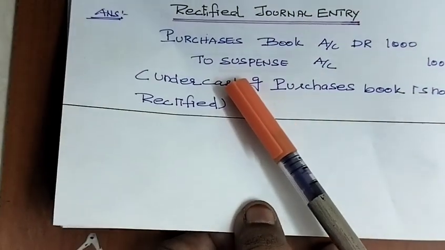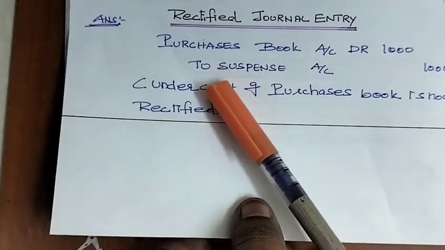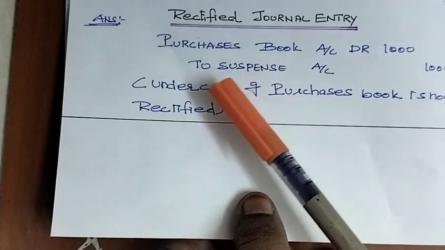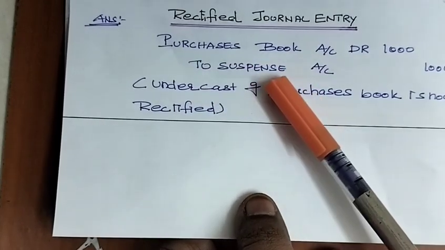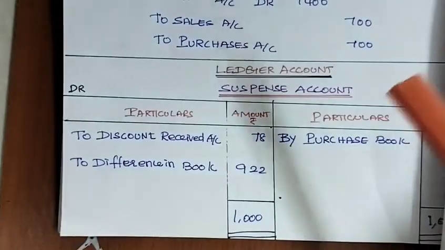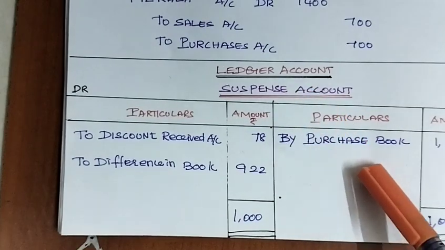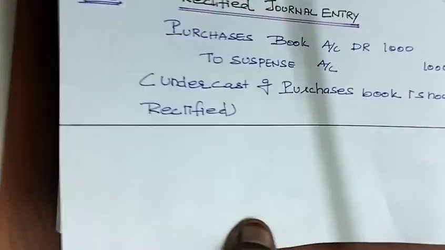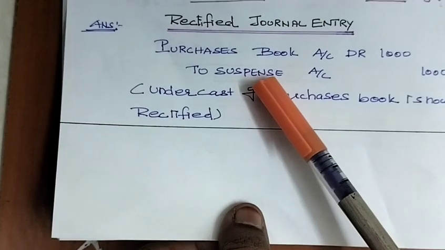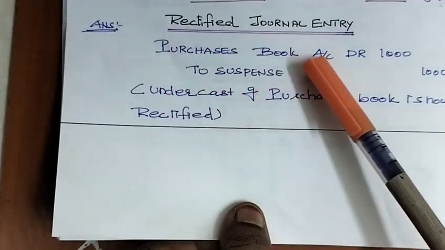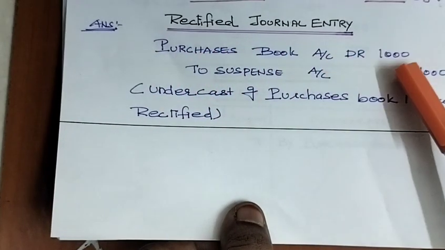The next suspense account is, listen, on the credit side. Where is the suspense account? Suspense account is on the credit side. Okay, so on the ledger account, we go to the credit side. Which account is the opposite account from the suspense account? Purchases book account. How much rupees? 1000 rupees.